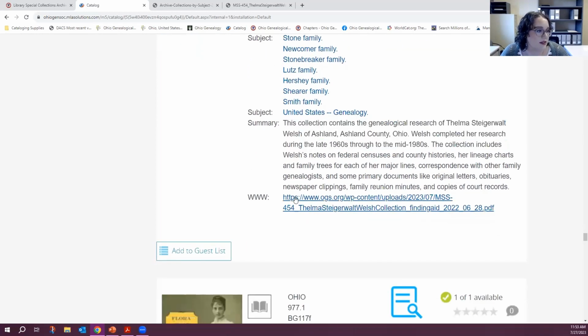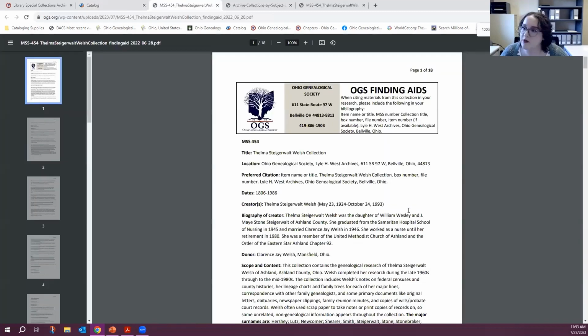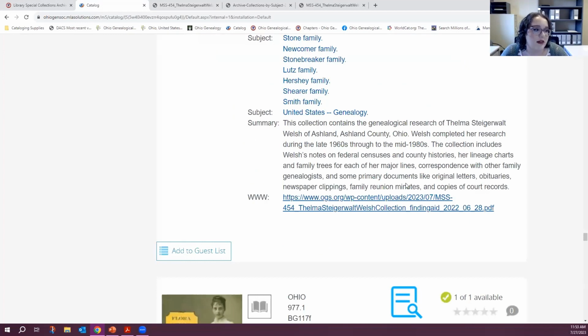Down here, once the finding aid has been uploaded to the OGS website, if you click this, it will take you back to the finding aid. Also, if a collection has been digitized, this link will take you to the landing page for the digitized collection. So we're trying to link up all that kind of stuff for you.